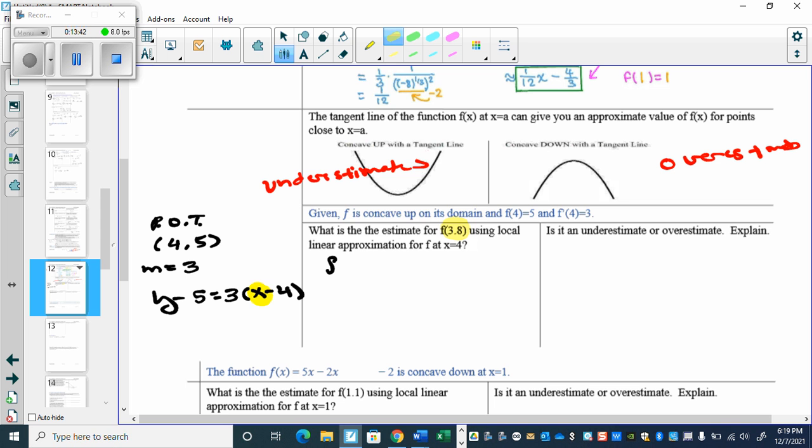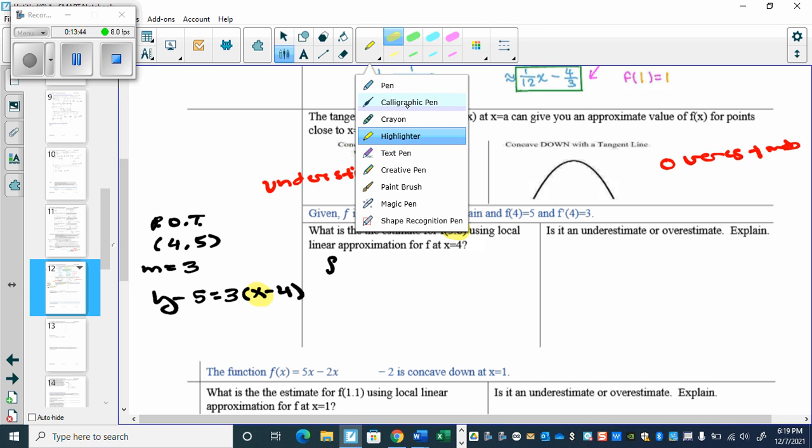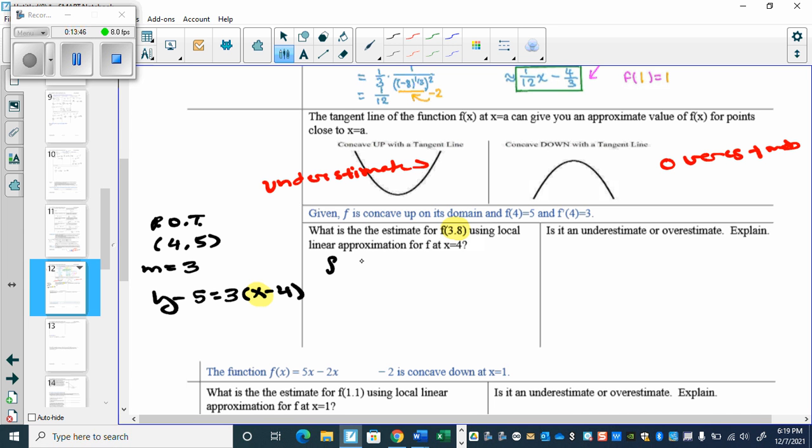So I'm going to replace x in this tangent line equation, and I have y minus 5 equals 3 times 3.8 minus 4. I get 3 times negative 0.2, so y is approximately negative 0.6 plus 5, or 4.4.